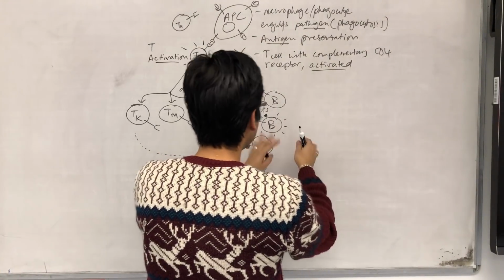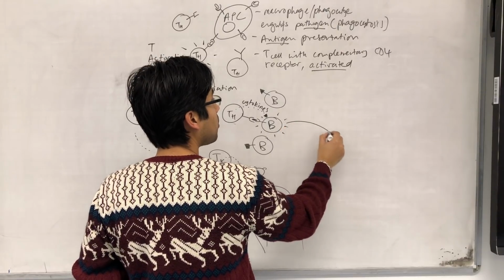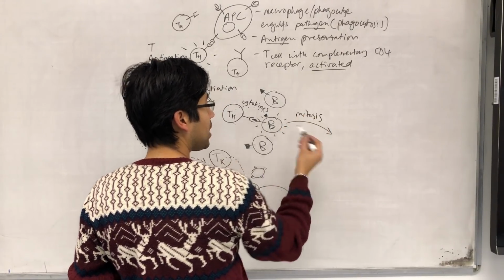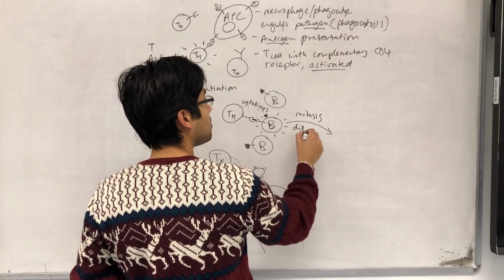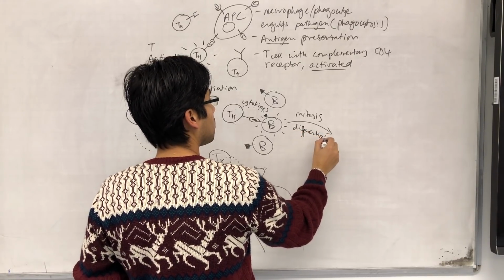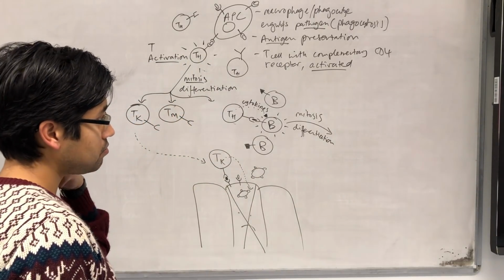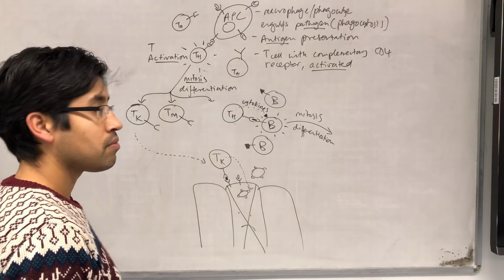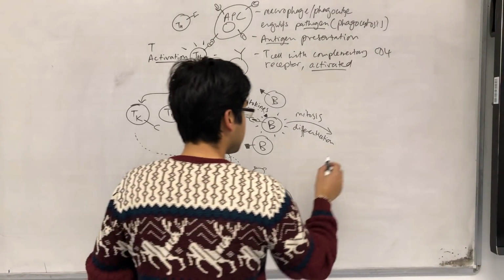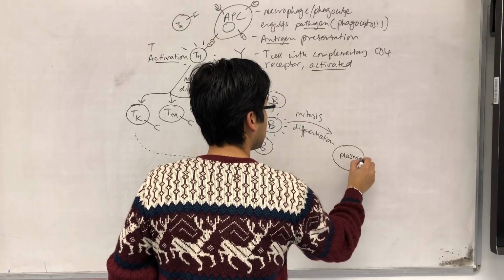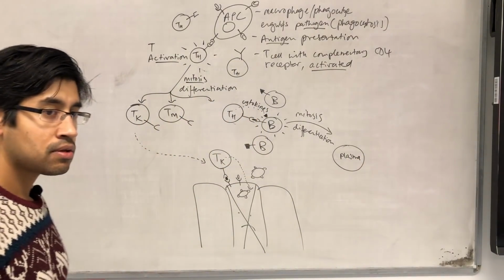When this activation happens, the B cell then undergoes its own mitosis and differentiation to produce a number of different cell types. First, it produces a cell type called a plasma cell.